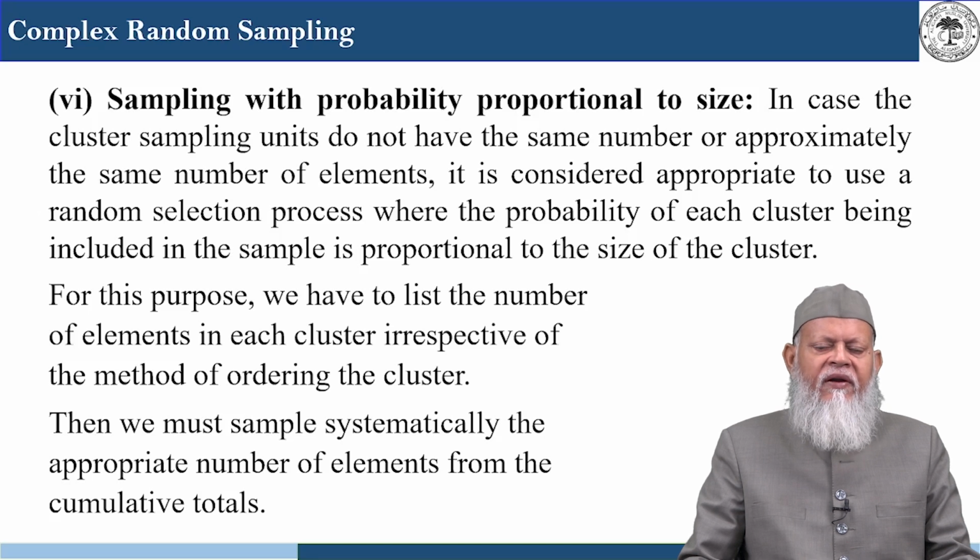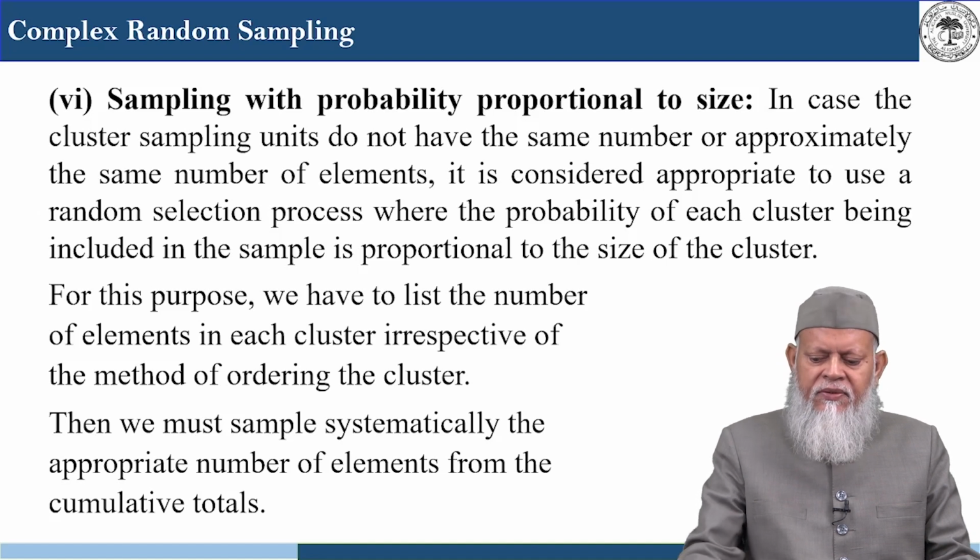For this purpose, what do we do? We list the number of elements in each cluster irrespective of the method of ordering of the clusters, and then we sample systematically the appropriate number of elements from the cumulative totals.